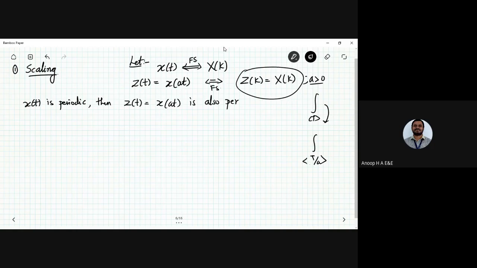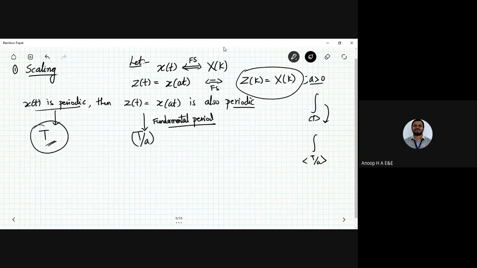Now its fundamental period: if x of t's fundamental period is t, then z of t will have a fundamental period of t by a. So x of t is periodic with fundamental period t, and z of t, which is x of at, will have the fundamental period t by a.